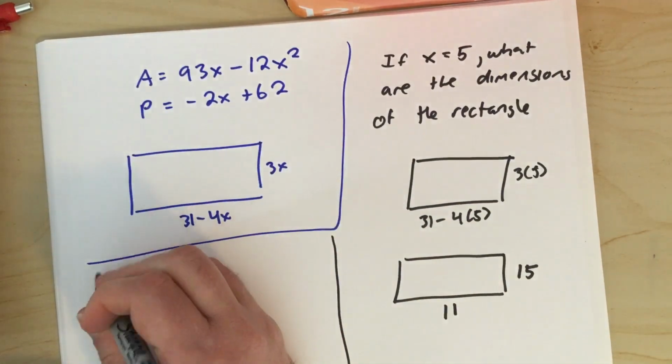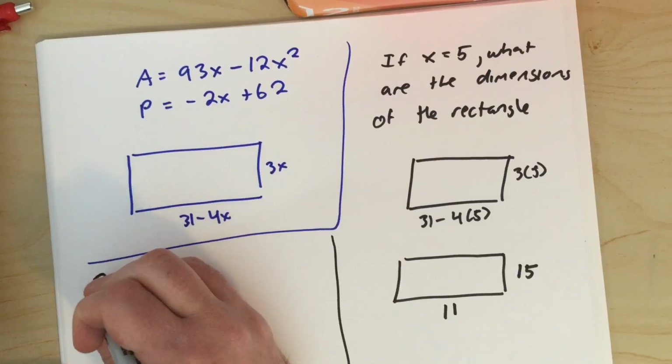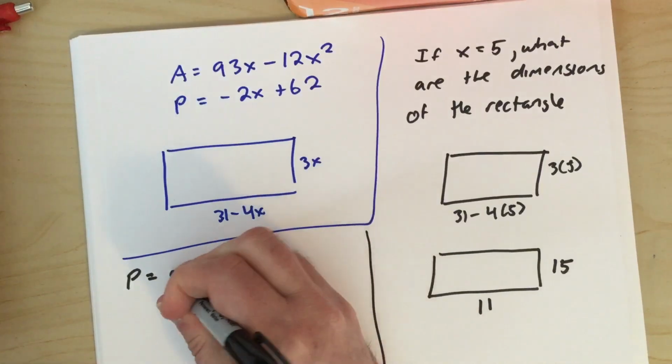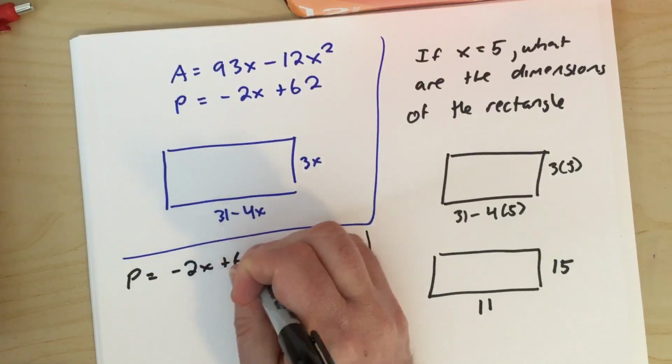Okay, so now we're saying what is the perimeter of this thing? If x is 5, remember the perimeter is minus 2x plus 62.